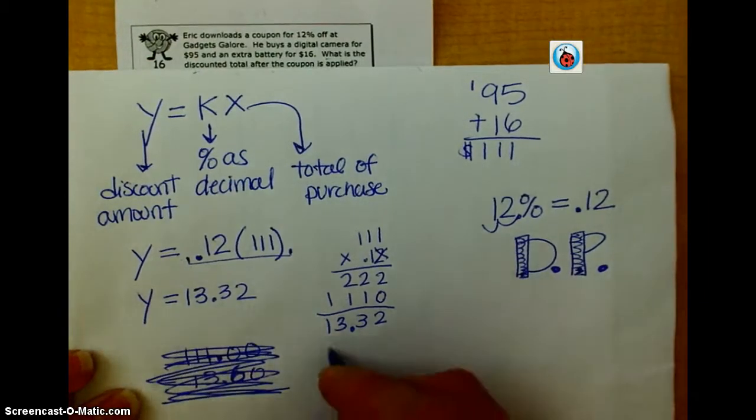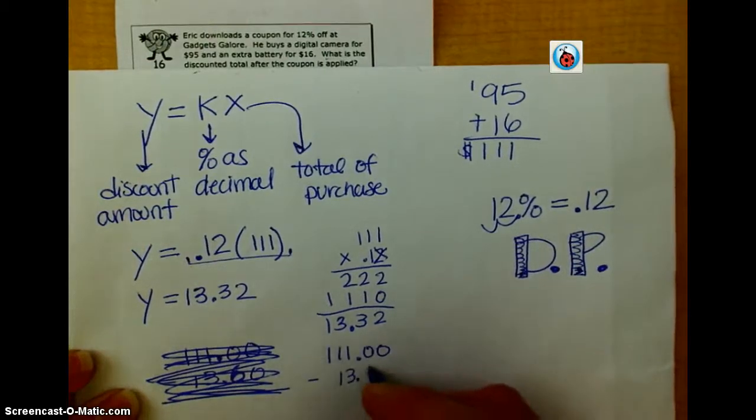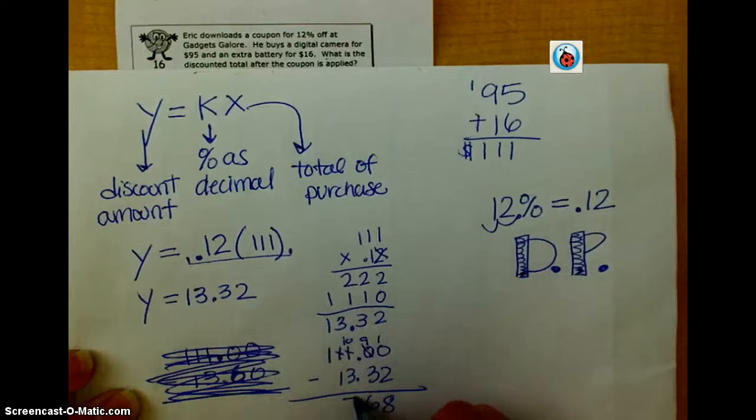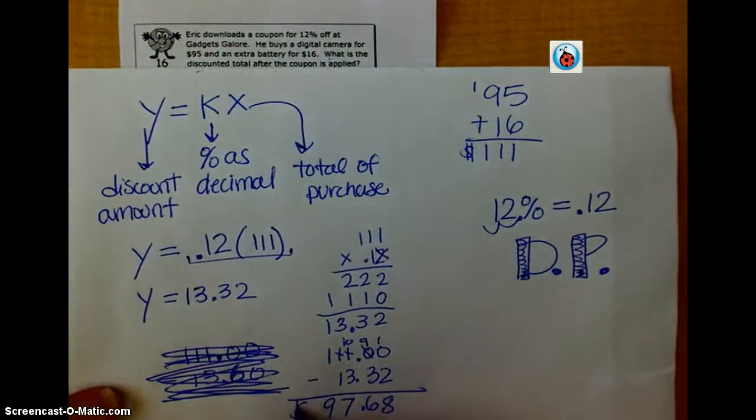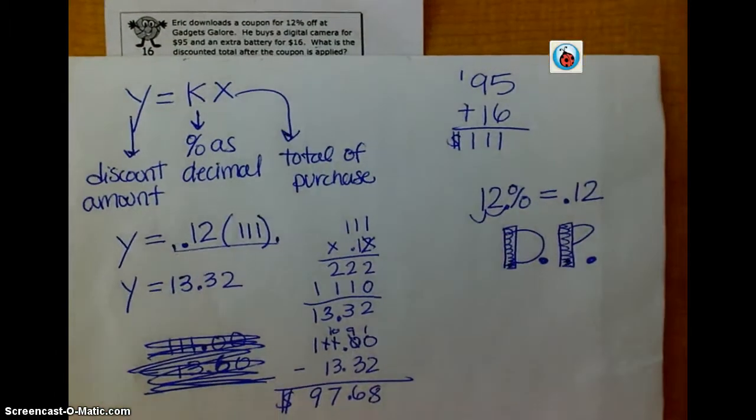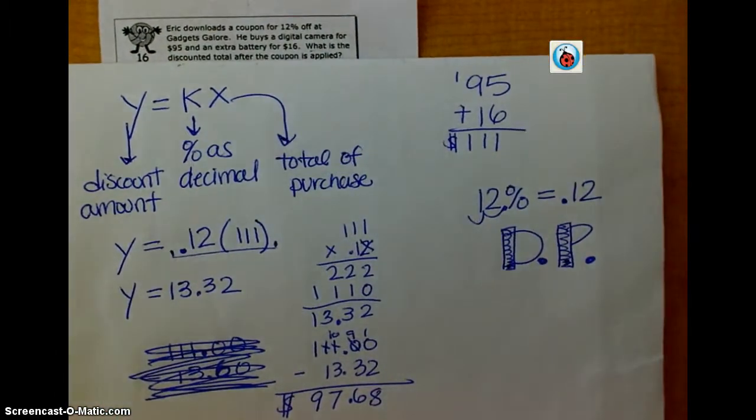Sorry about that. $111 minus $13.32. $97.68 will be his total after the coupon.